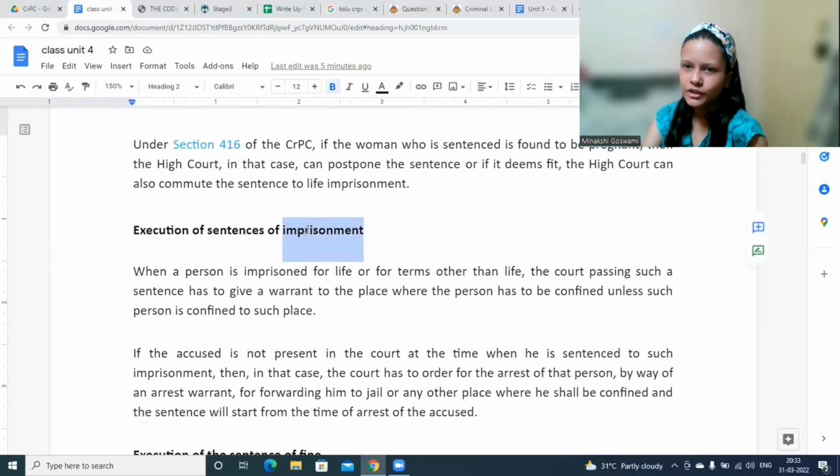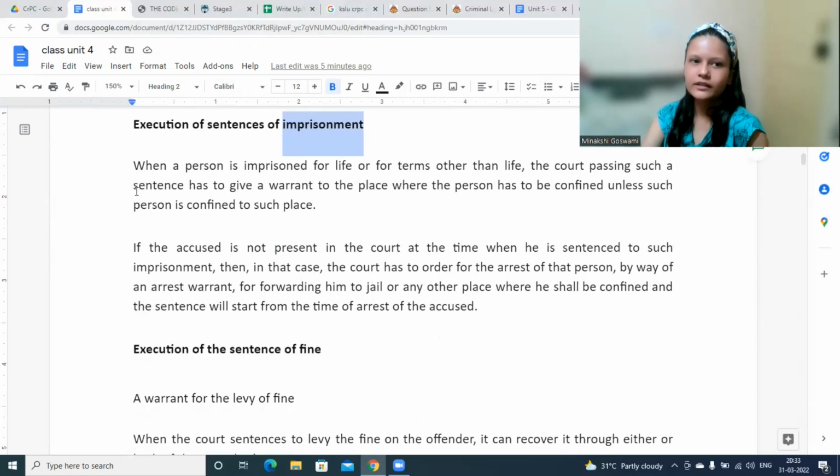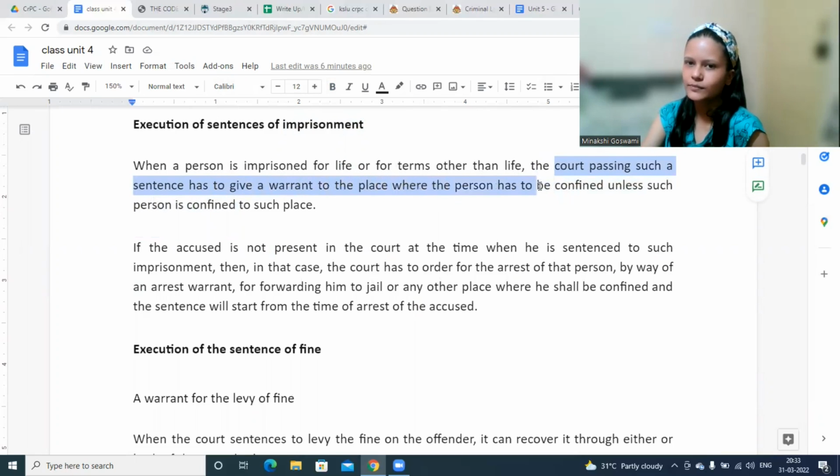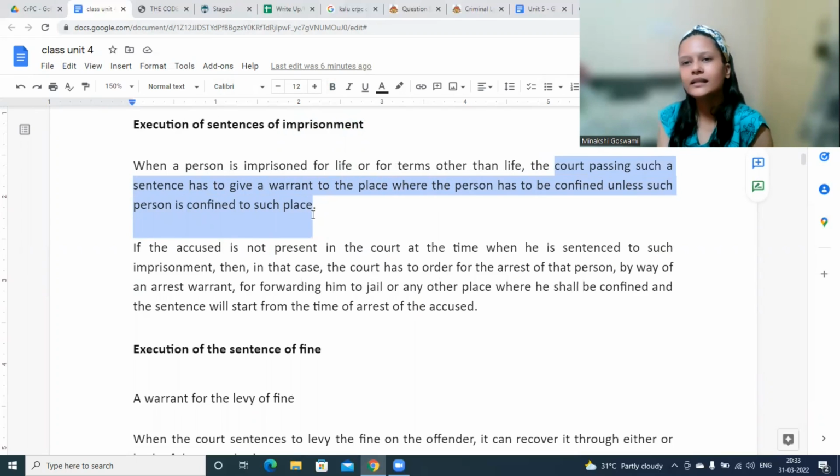Then for imprisonment also it needs to be executed, right? So when a person is imprisoned for life or for any duration, the court passing such an order has to give warrant to the place where the person has to be confined, unless the person is already confined in the place. Mostly when the case is pending, person may be already in the prison only, right?